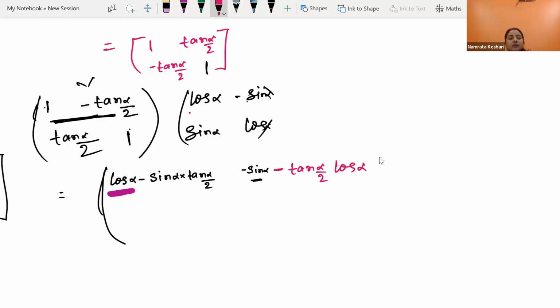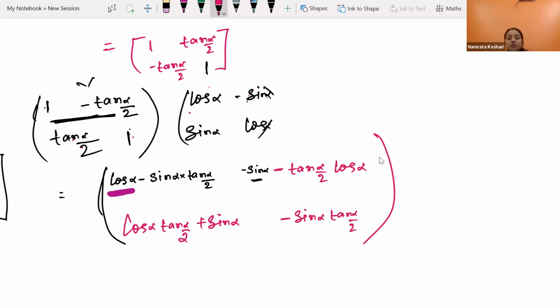Like this, we will be getting the terms cos alpha multiplied with tan alpha by 2, then added with sine alpha, right? Yes. Then tan alpha by 2 we can multiply with this one, so we'll be getting minus sine alpha tan alpha by 2, and then added with this cos alpha.